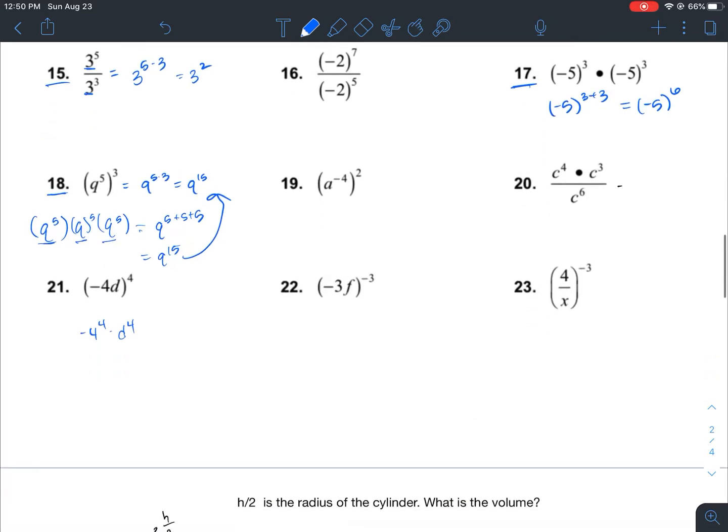You can evaluate that, but to save time, I'm just going to keep going. Let's do the same for number 22. We have two factors, negative 3 and f, and we find the power of both of them and multiply them. They'll be equal to each other, so this is equal to that.